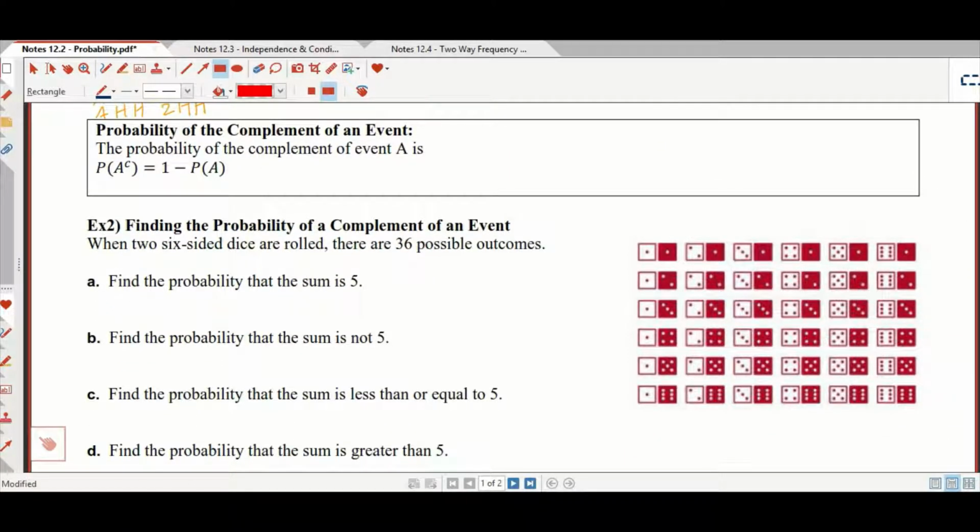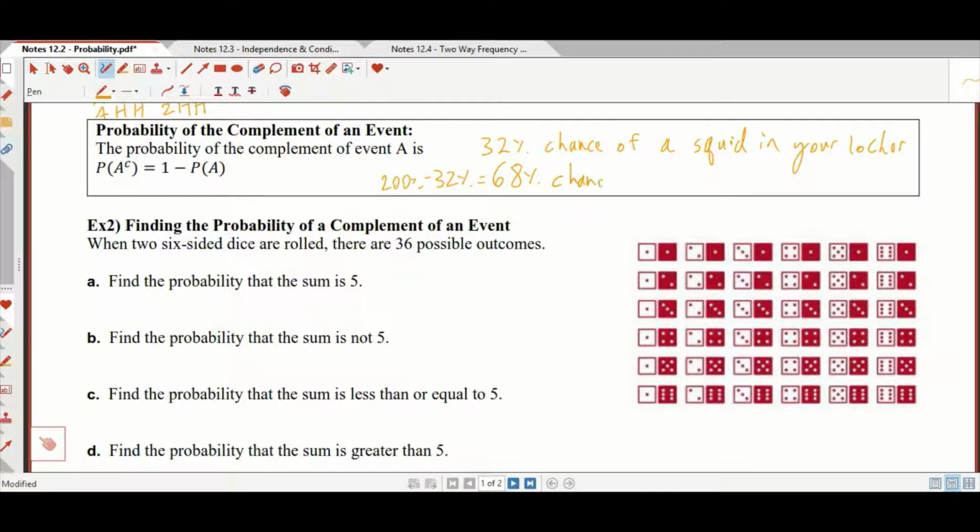So the probability of the complement of an event: the probability of the complement of event A is 1 minus the probability of A. What that's saying is, if there is a 32% chance of, I don't know, a squid in your locker, like when you go to your locker today, there's a 32% chance that I put a squid in it, which seems awfully high, then that means there is 100% minus the 32%, which equals a 68% chance of no squids in your locker, the opposite.